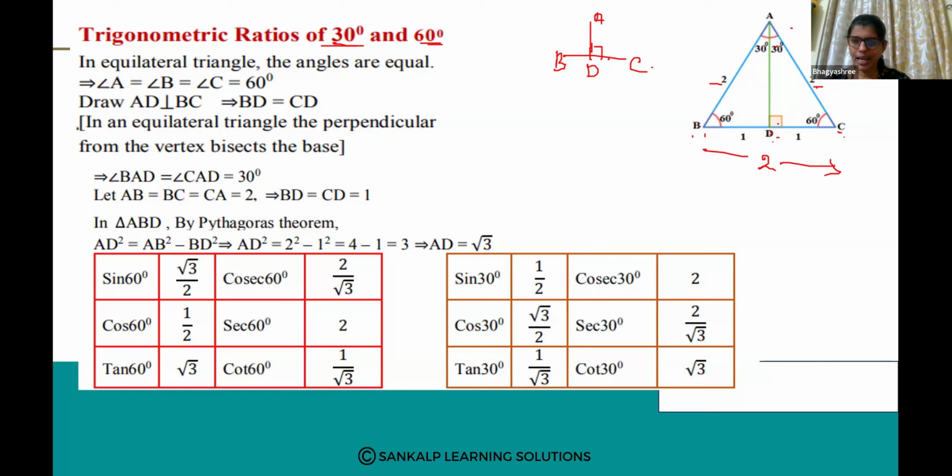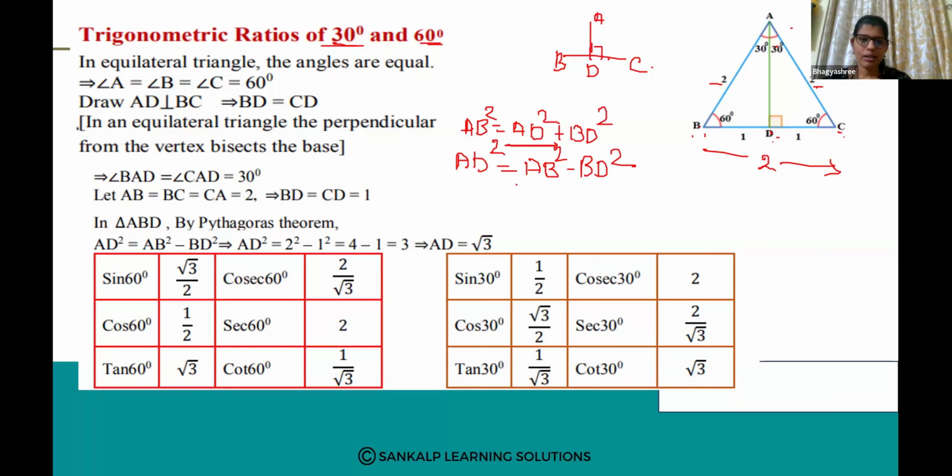In triangle ABD, see here, AB square is equal to AD square plus BD square. What we want is AD square. So AD square is equal to AB square minus BD square.